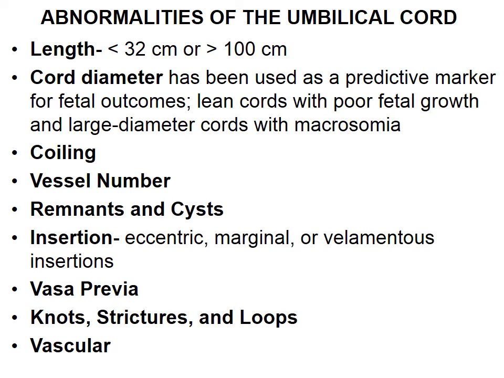The umbilical cord grows until the end of the second trimester to a length of 50 to 70 cm. Cord abnormalities related to morphology, coiling, placental insertion, number of vessels, diameter, and blood flow pattern can contribute to perinatal complications.